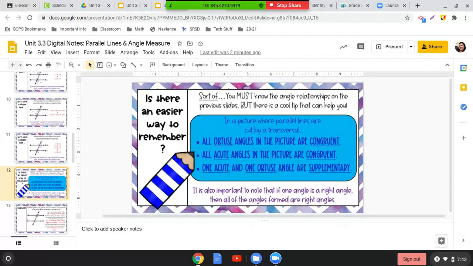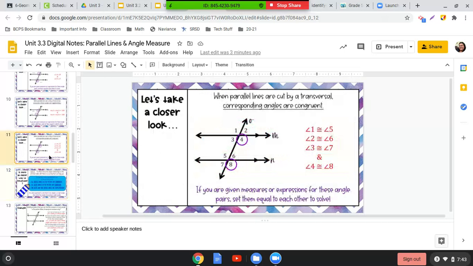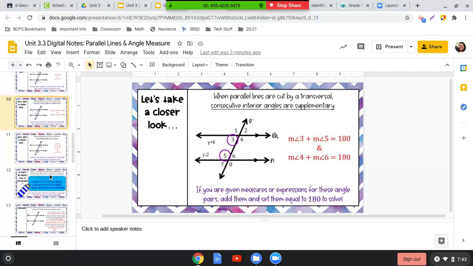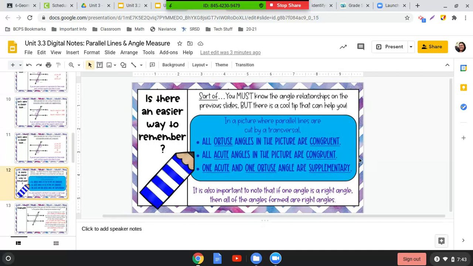So is there an easier way to remember all this? Well, sort of. But you have to know the relationships from the previous slides to know whether they're going to be congruent or supplementary. So if you have a picture where parallel lines are cut by a transversal, so all of these pictures that we've been working with, all of these figures are parallel lines cut by one transversal.